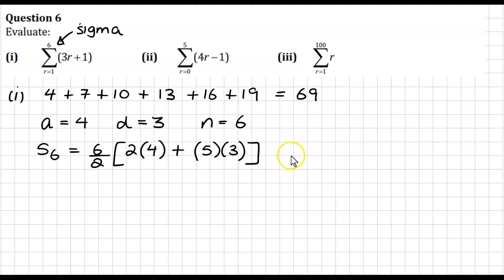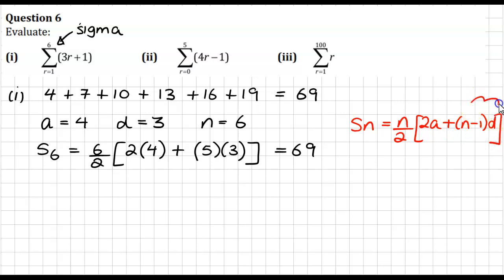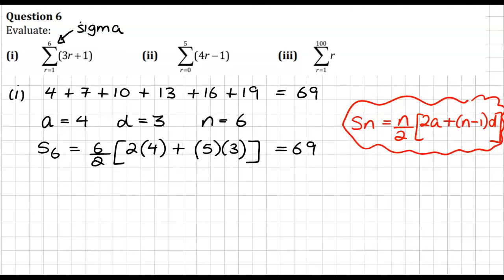And again, putting all that into the calculator will also give us 69. So just a note here, we're using the exact same formula to sum up. So it's our Sn equal to n over 2, 2a plus n minus 1 times d. Okay, it's the exact same formula.